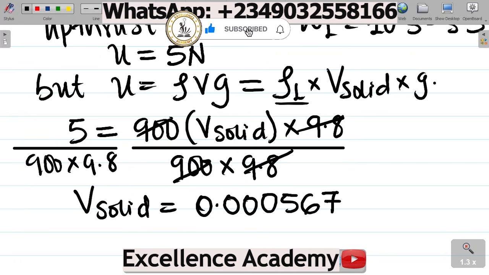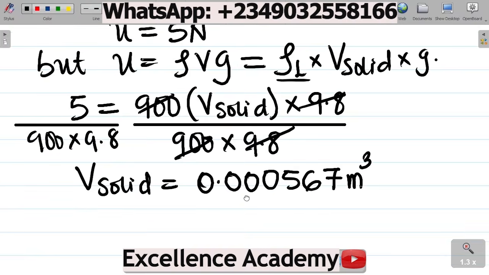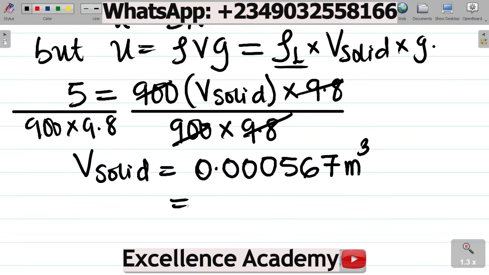So you have this. This volume, if you judge by the parameters we have, will be in meter cube. Let's convert this to index form. From here, 1, 2, 3, 4.